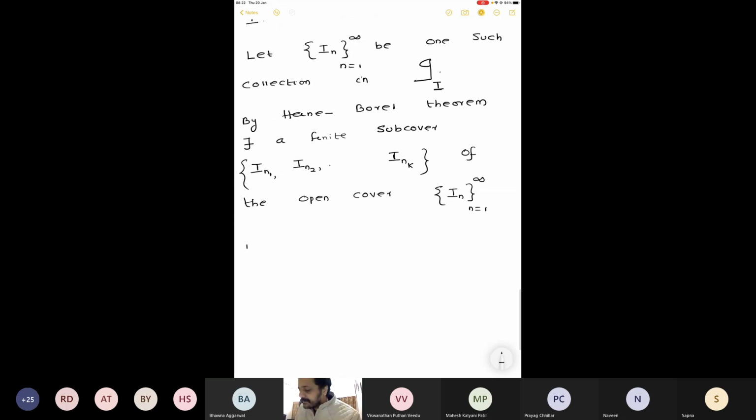That is, the interval I is contained in IN1 union IN2 union etc. union INK. Okay, interval I is [A, B]. Remember, each of these INj, j equal to 1, 2, 3, etc. up to k, is open. Okay, so far so good.